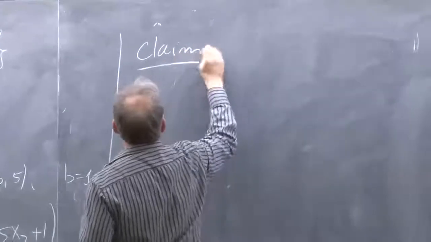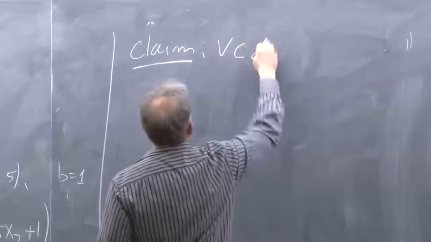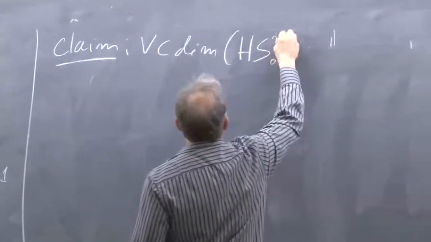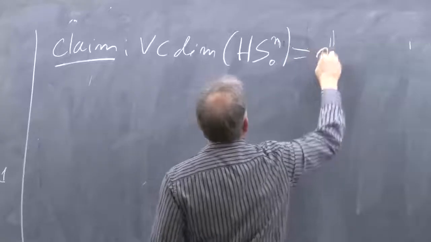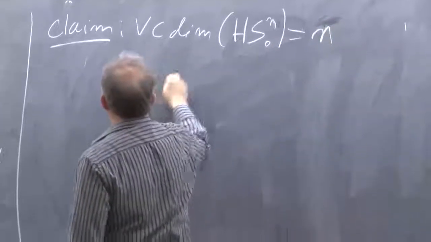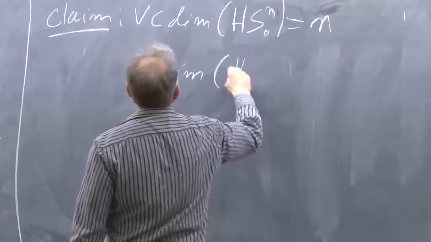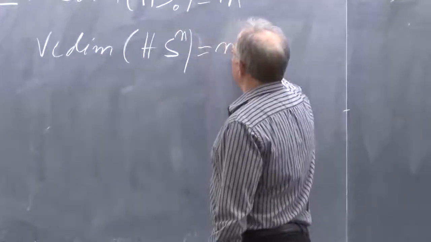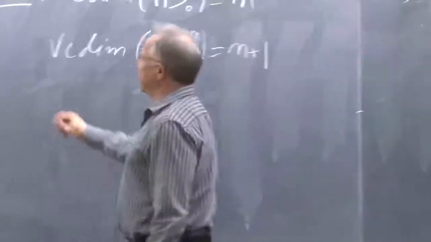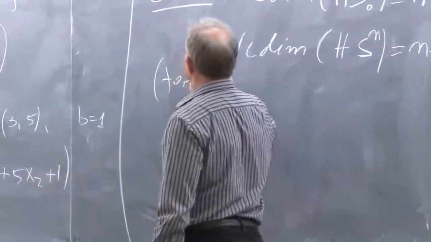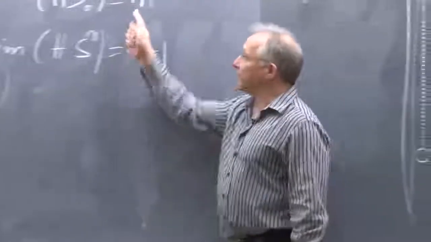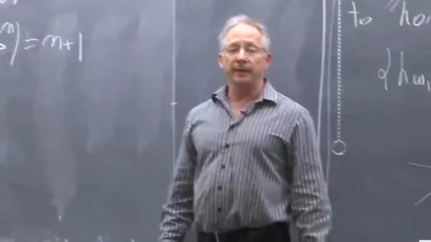The VC dimension of half spaces going through the origin in dimension n is just n, and actually the VC dimension of half spaces in general without this restriction is n plus 1, and this is for every n. And I will prove the first statement and leave the second statement for the next assignment.